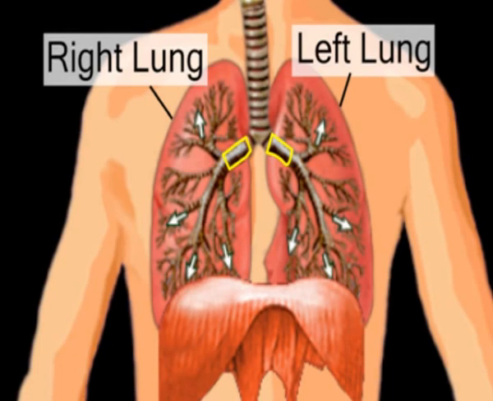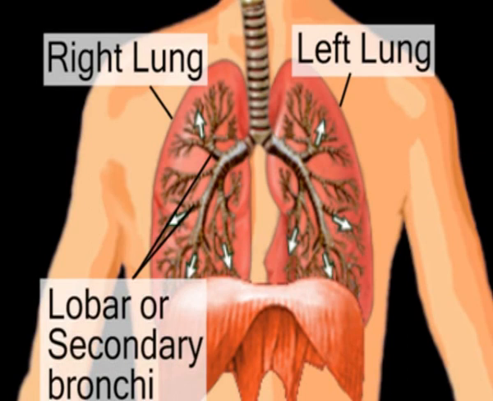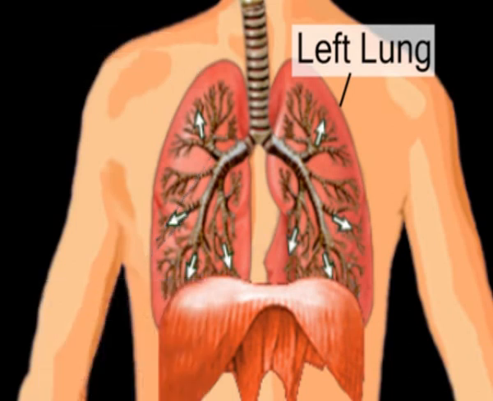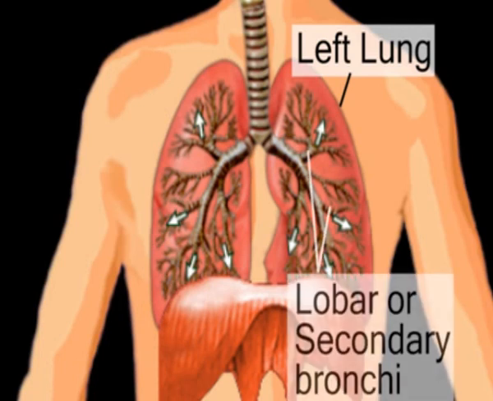The right primary bronchus further divides into three lobar or secondary bronchi, which extend separately into the three lobes of the right lung. The left primary bronchus divides into two lobar or secondary bronchi that likewise pass into the two lobes of the left lung. The secondary bronchi subdivide into smaller bronchioles.